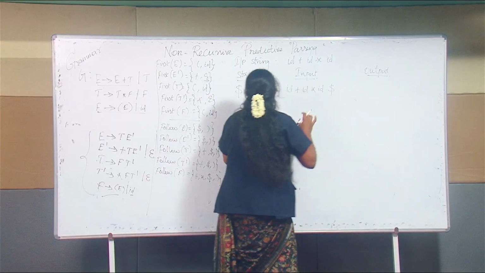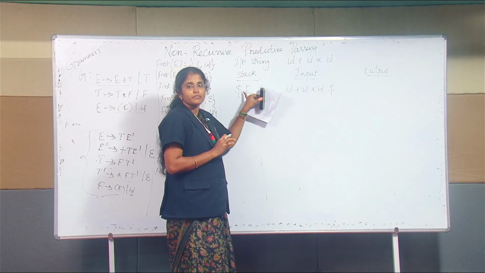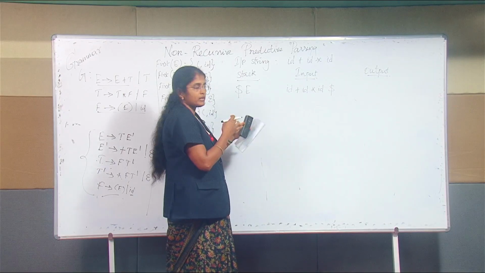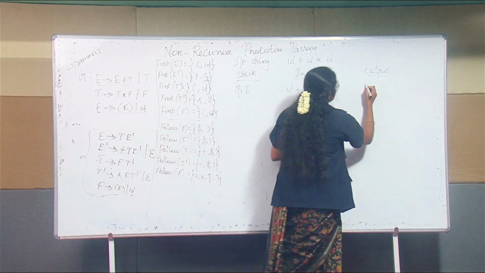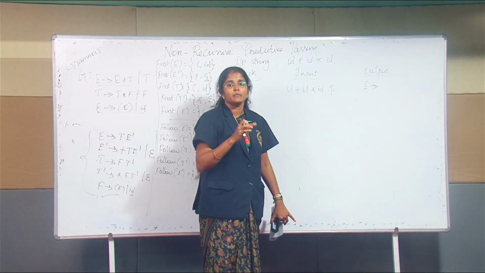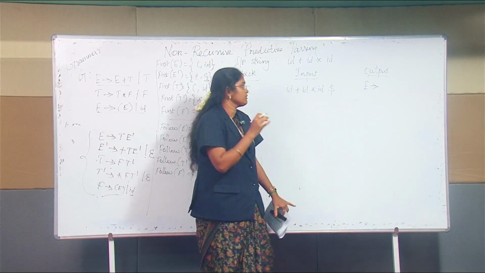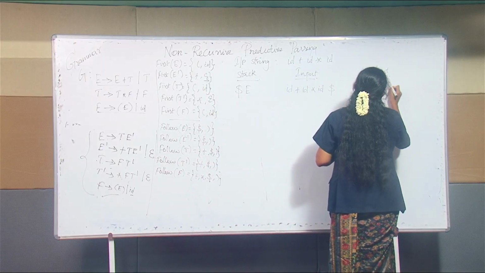Now, to solve this string, we need to replace the production using the parsing table. For id, under the id column, E gives E tends to T E dash.